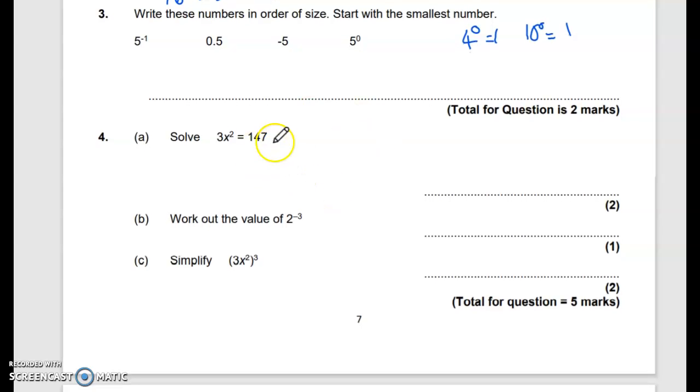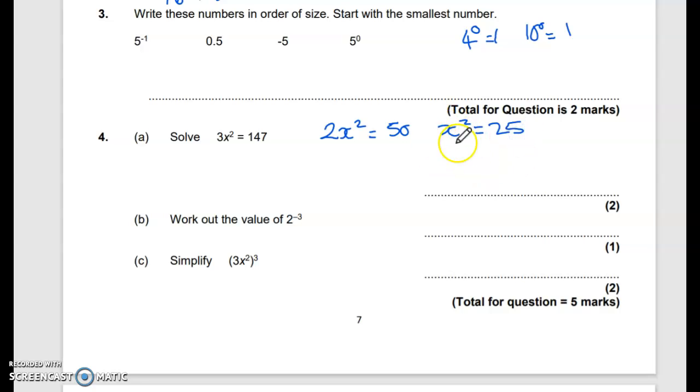Okay, solving. Right, so let's say I had 2 times x squared equals 50. So I know 2 times a number squared equals 50. So I'm going to divide the 50 by 2 to find out what x squared is. So x squared is equal to 25.